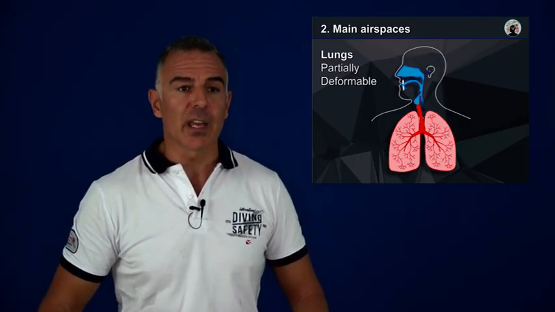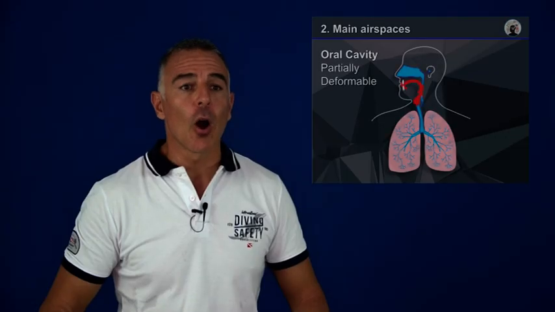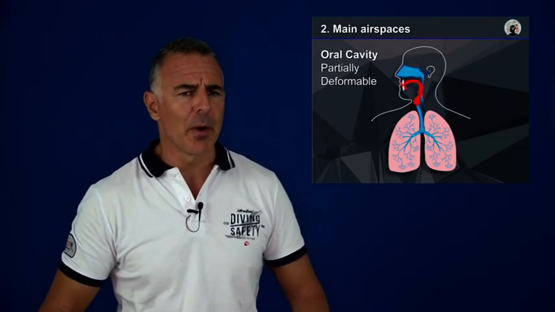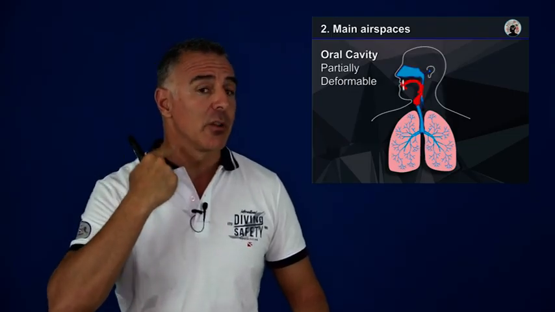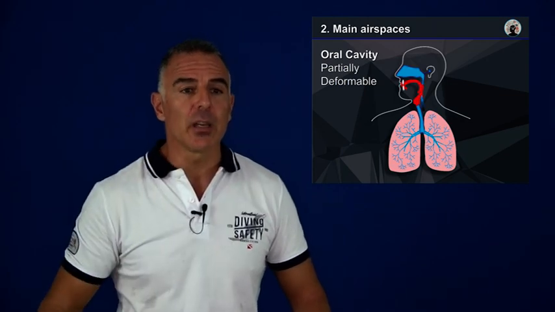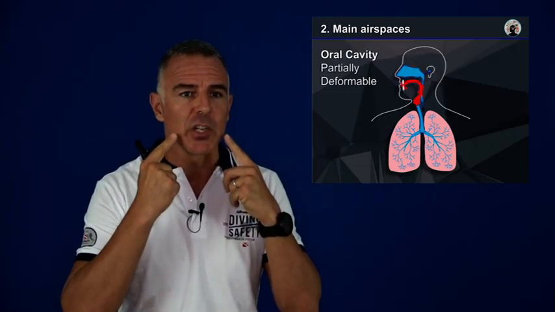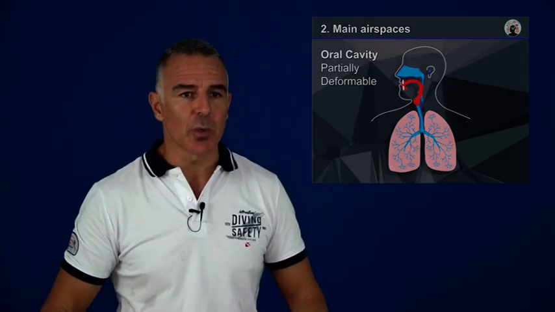Instead, the alveoli can get smaller and bigger while we are ascending and descending. The oral cavity is also a partially deformable volume. Why partially? Because the back of the throat cannot change volume, it is a dead space. But for example, I can store air between the tongue and the hard palate, or I can fill my cheeks. So the volume can increase and decrease depending on the situation.